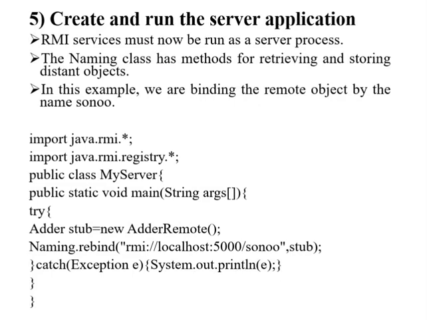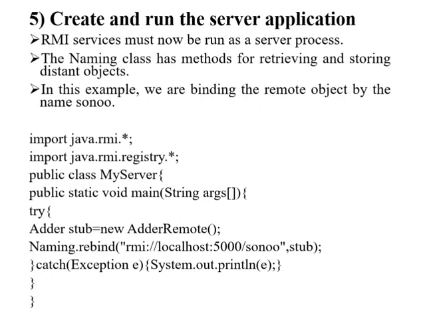In this example, we are running the server and client application on the same machine, so we are using the localhost. If you want to access the remote object from another machine, change the localhost to the host name or IP address where the remote object is located.